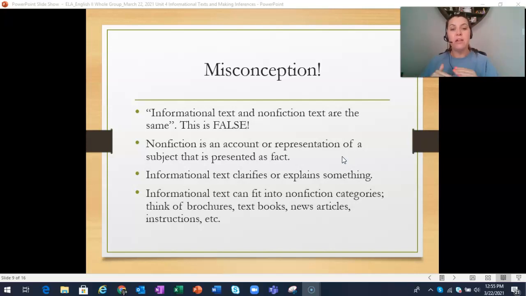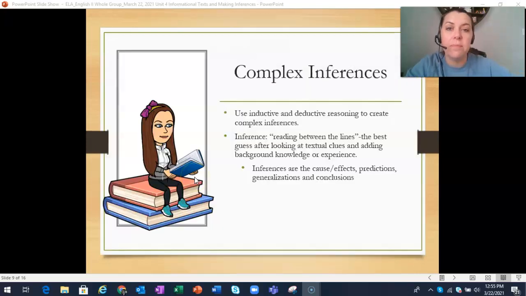Informational texts clarify or explain things. Informational text can fit into nonfiction categories. Those might be brochures, textbooks, news articles, instructions, etc. They may fit into that nonfiction category, but not all nonfiction is informational. So keep that in mind. They're not the same thing.